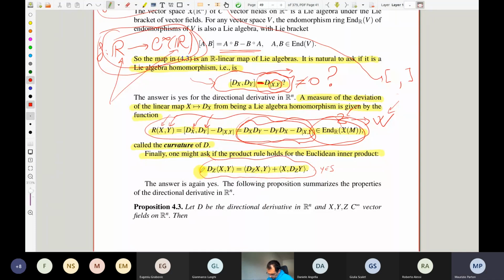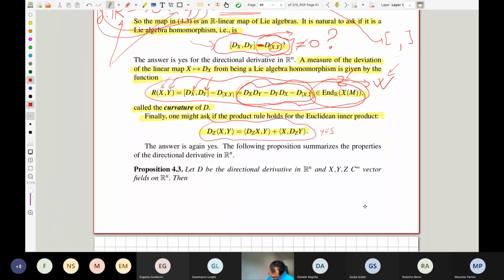Well, the directional derivative in Rn is so nice that it also satisfies this Leibniz rule with respect to the product. We say that it is compatible with the metric. Of course, all of this is true because the directional derivative, the Levi-Civita connection in Rn, is very, very special, because Rn is the flat space. It's the space as good as you can think from the point of view of metric properties.